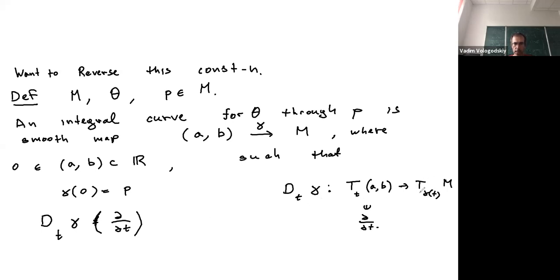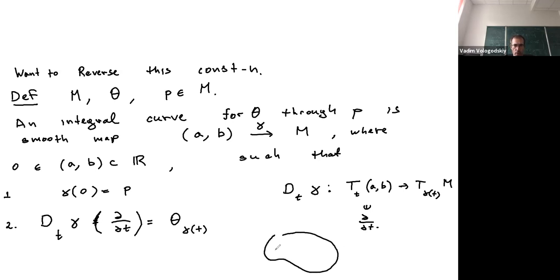So what I should get is a tangent vector at M, and I want this to be theta evaluated, well, I can only evaluate it at point gamma of t. So two properties. That's called the initial condition, and that's the differential equation.